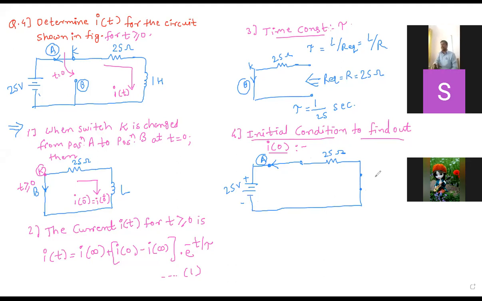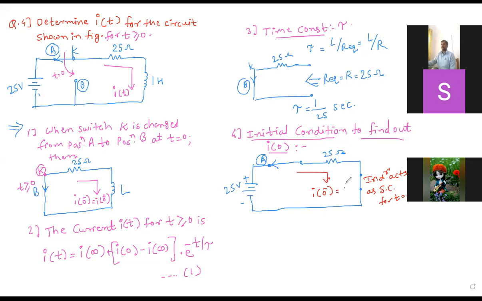That we have already learned, at time t equal to minus infinity or plus infinity. So the inductor acts as a short circuit for t equal to minus infinity. That is i of 0 minus, which is the value at t equal to 0 minus, if you are confused. So you have to find this i of 0 minus.